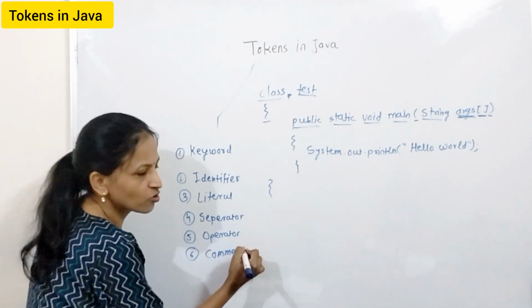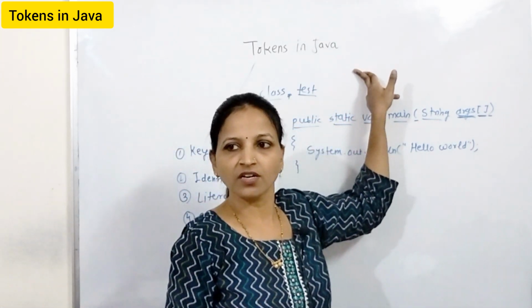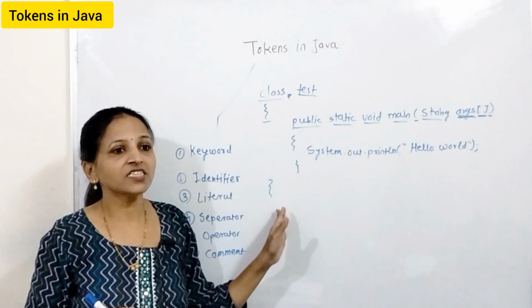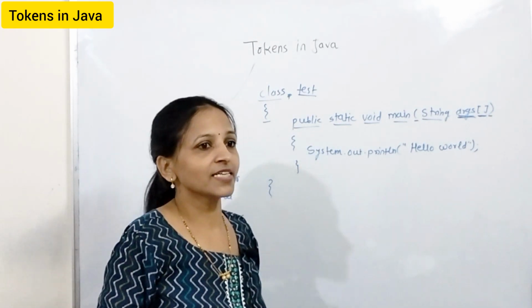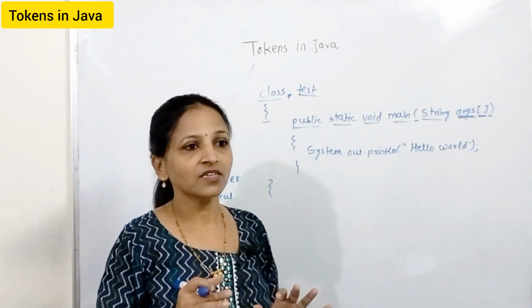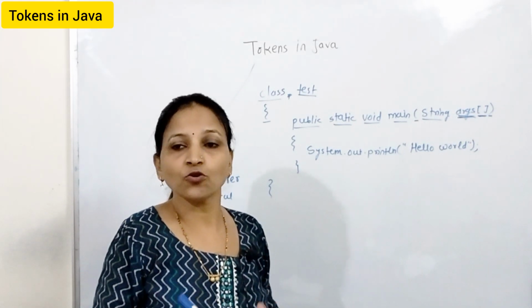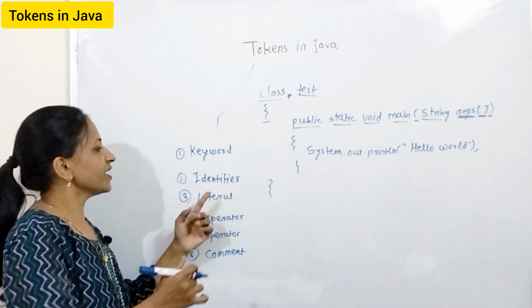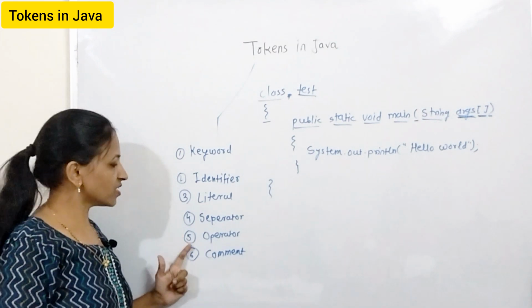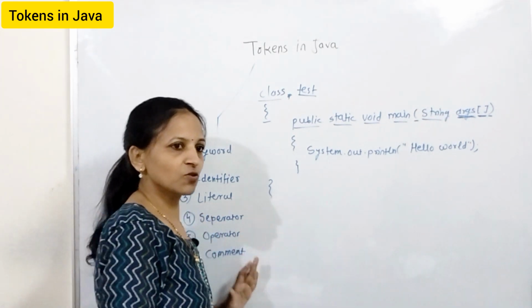It is again a part of token. If you are placing any comment here, then that will be again a token. Means token is the smallest individual unit of a program. Here we can say that our program is nothing but a combination or collection of tokens. Now tokens are classified into different types: keywords, identifiers, literals, separators, operators and comments. Now one by one I am going to explain all these concepts.